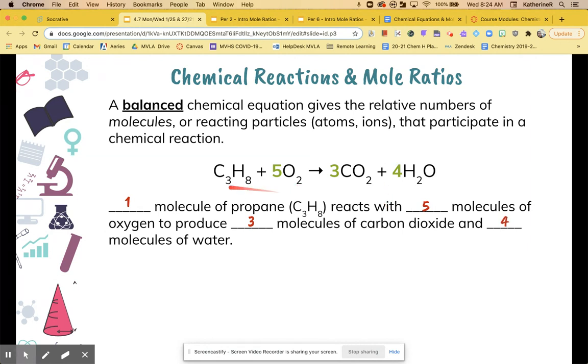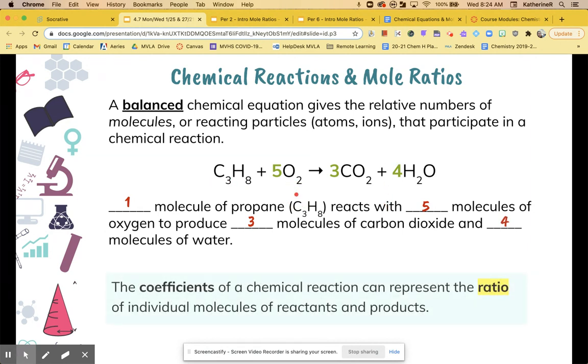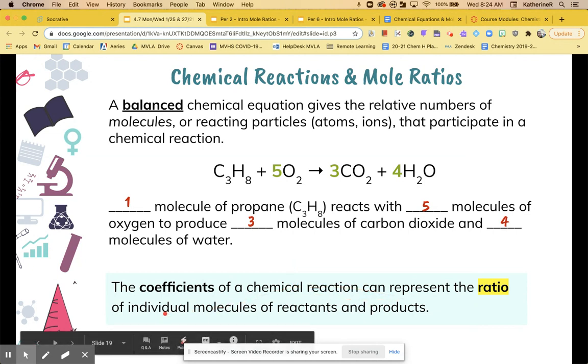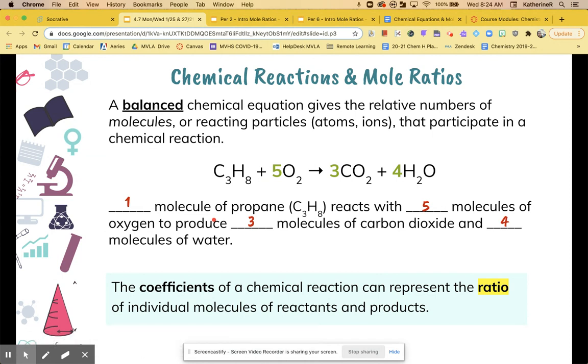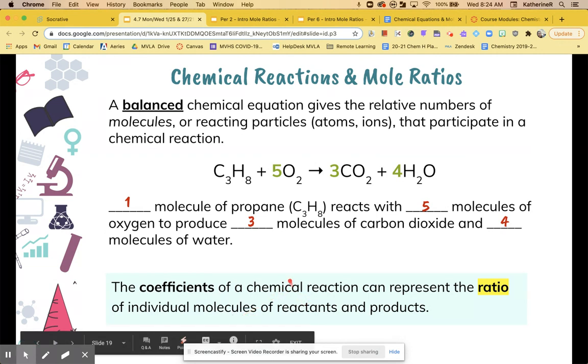Okay, my coefficients here represent the ratio of individual molecules of reactants and products. They tell me, much like 3 slices of cheese makes 1 grilled cheese sandwich, that 5 molecules of oxygen will produce 3 molecules of carbon dioxide and 4 molecules of water. These coefficients represent the ratios of reactants to products.